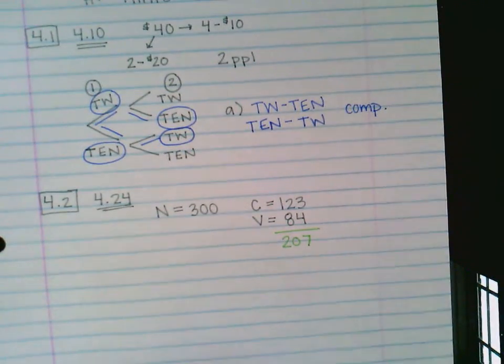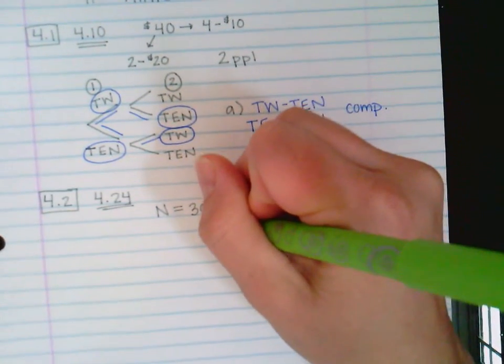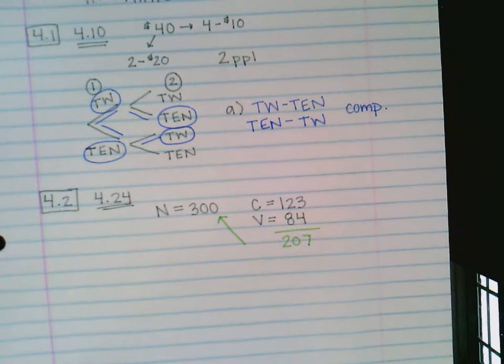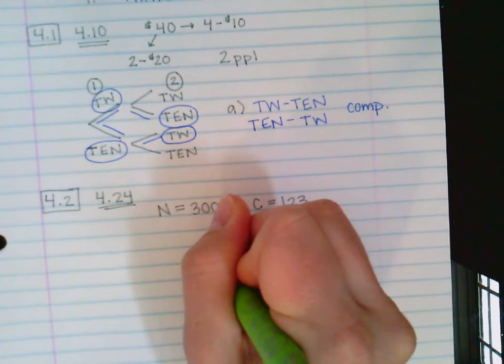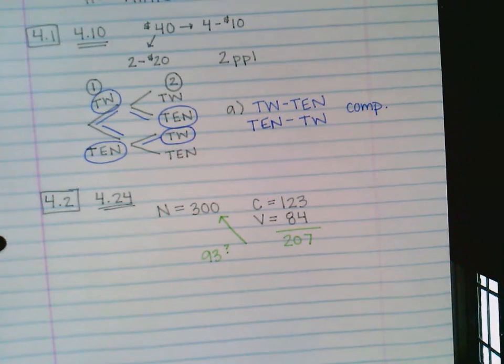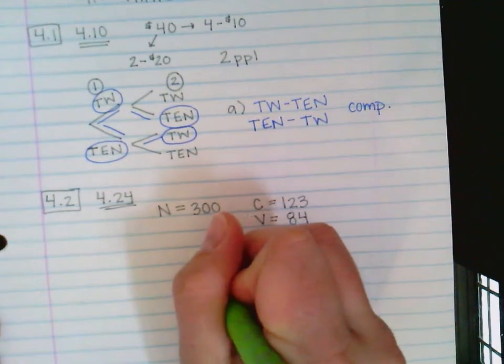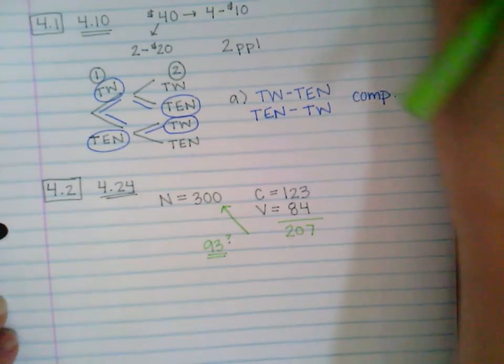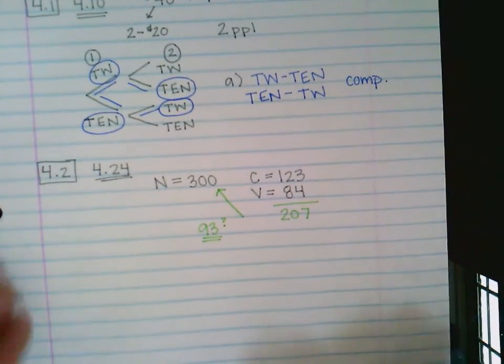So there's 93 people, because if I have a total of 300, there's 93 people that I really don't know what their response is based on the data that they gave me in this problem. And that's going to be really helpful in answering the questions on this part, because there's this unknown response quantity of the 93.